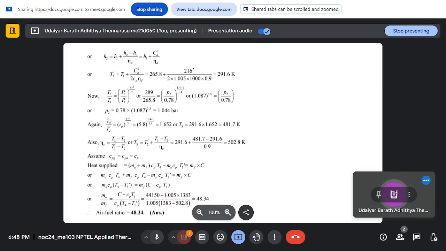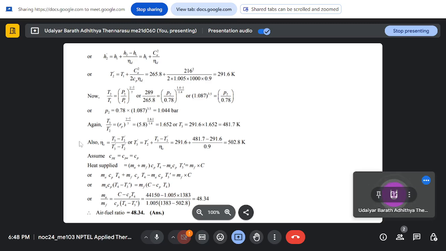So T3 by T2 dash is 1.652. T3 becomes 291.6, which is the diffuser outlet temperature, into 1.652. So this becomes 481.7 Kelvin.